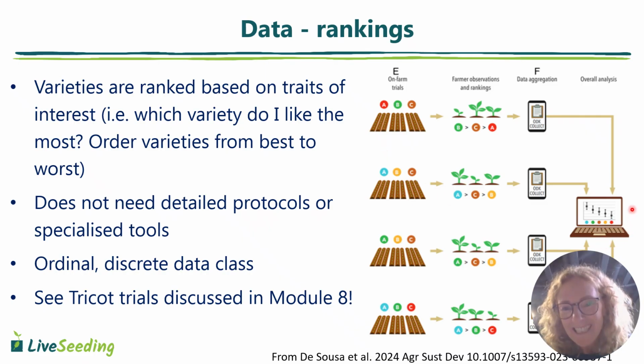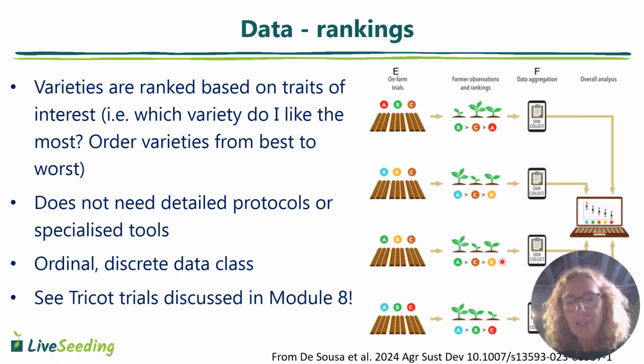So in this little tiny picture here, you can see there's actually 5 different treatments that were used in this trial, but not every farmer got all 5. So this farmer got the red, the green, and the brown, and they had to rank them. This person got the blue, the yellow, and the brown, and they ranked them, etc.